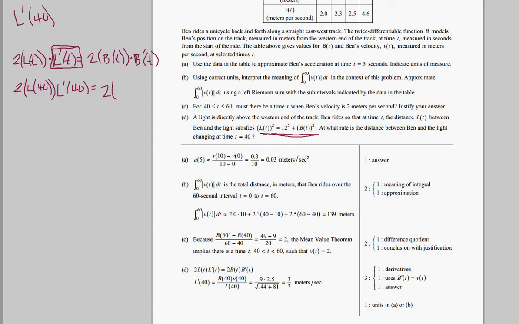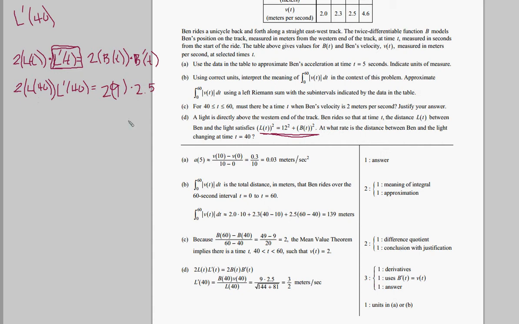I'm not going to take the time to go up there and grab it. B of 40 was 9, and then b prime of 40 would be your velocity at 40 seconds, which was 2.5. And I'm going to go through and evaluate this.